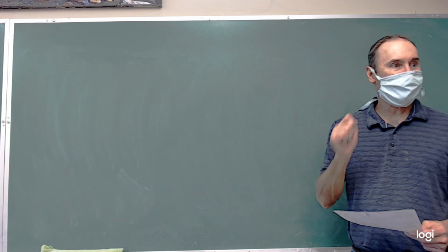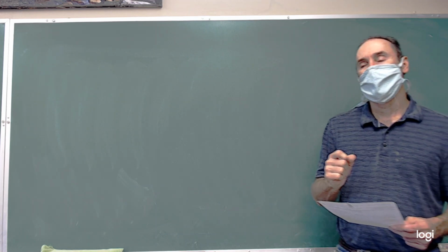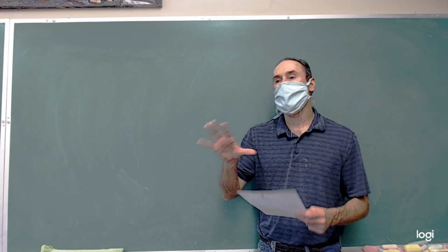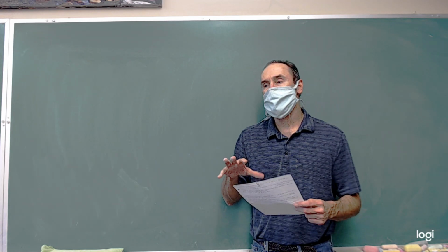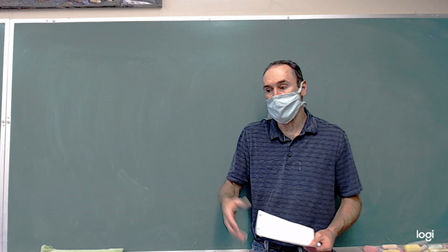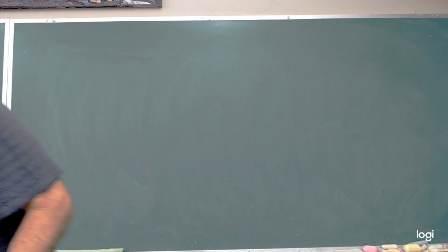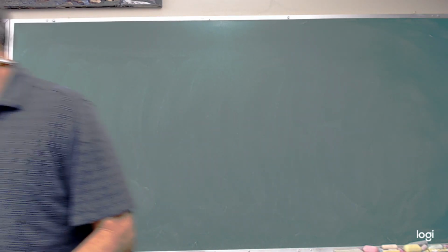So what we can see from slope fields is some different solution curves. For example, I don't have mine filled out, so I'm going to take a peek at somebody's here.